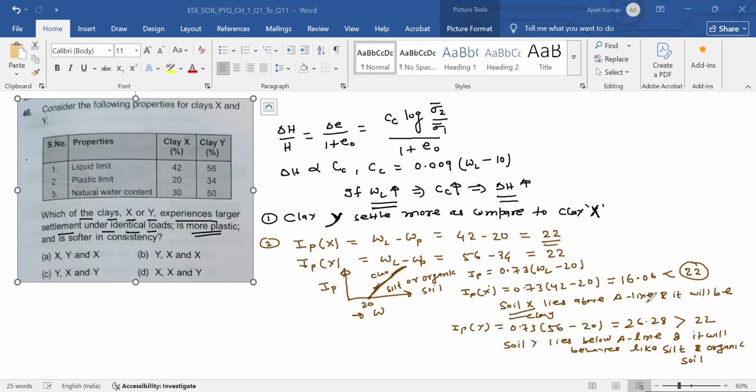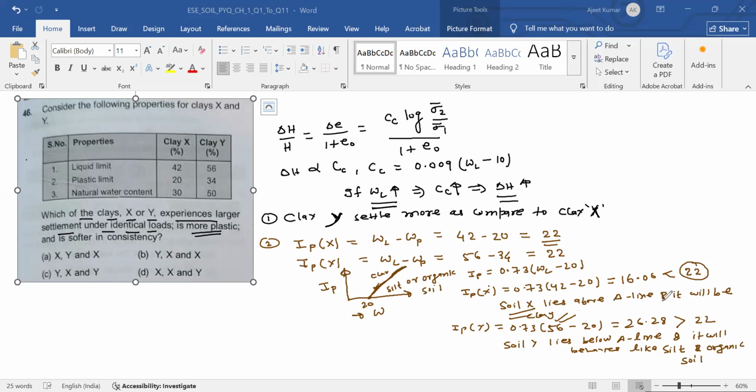Soil X lies above the A line, and it will behave like clay. Clay behavior is more plastic as compared to silt and organic soil behavior.